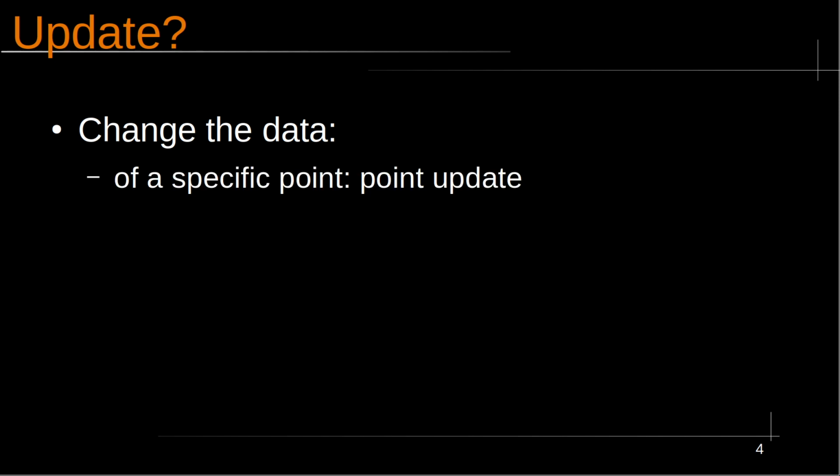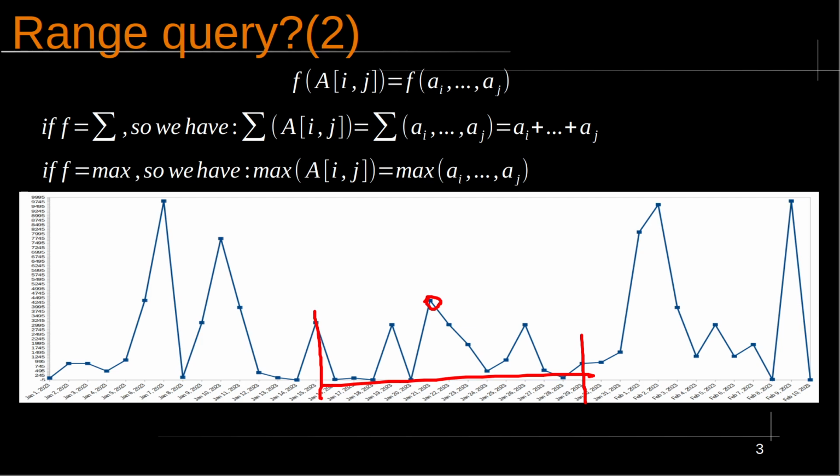What's an update? An update, of course, as you know, means we're going to change the data. We have two kinds of updates. We have a point update, which means we are going to update at a specific point. If you come back to this example, in this image here, for example, we want to update only this value.